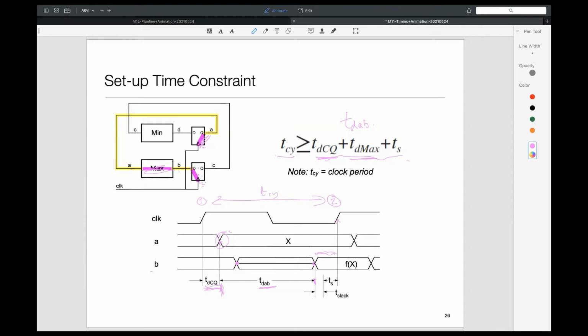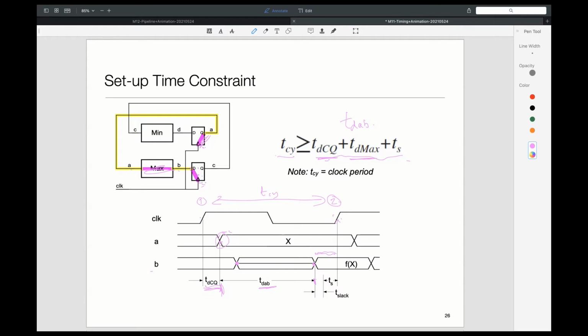So we have to make sure that all the stuff on the right hand side fits into one clock period, because if it doesn't, then at the next clock tick, the bottom flip-flop may not function correctly. And of course, there may be some gap in it. It could be that TCY is 100, whereas the right-hand side is 90. That means I have 10 time units of slack, a margin in our system, right?